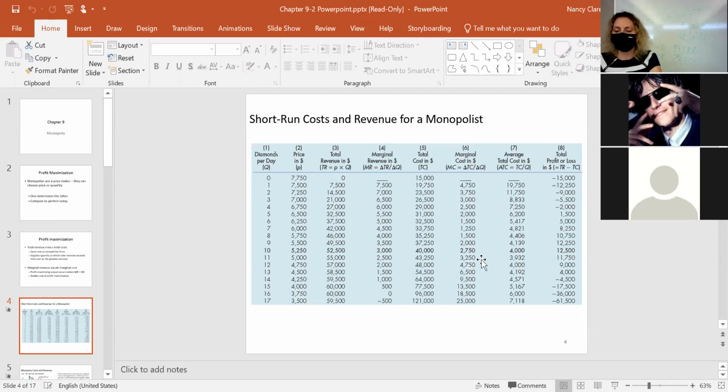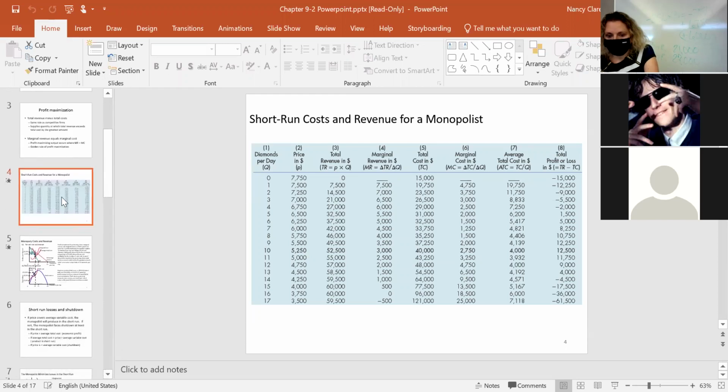We'd never want to sell unit number 11, right? So 10 is where we would find MR equals MC, or the closest thing to MR equals MC on your graph. When you find MR equals MC on a graph, and it's between units 10 and 11, you want to round down to unit 10, okay?